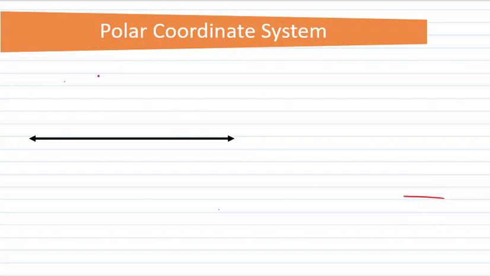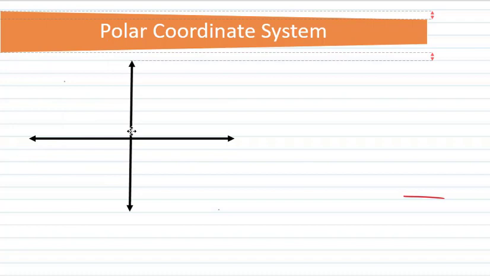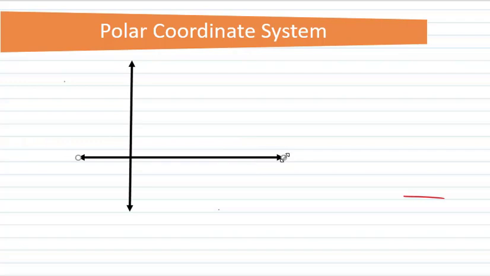Let's suppose what we will do, we'll draw again our Cartesian coordinate system. Make it some bigger so that you will have a proper look.